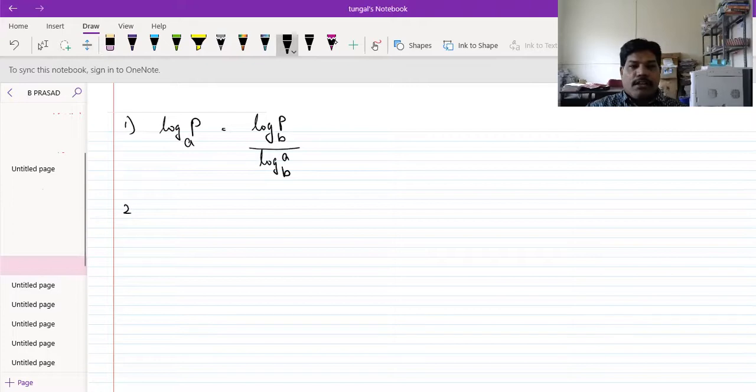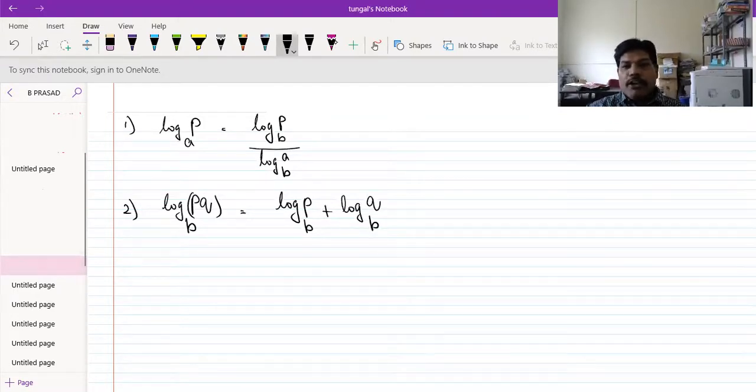And also see that log of PQ base B can be written as log P base B plus log Q base B. And also see this formula.